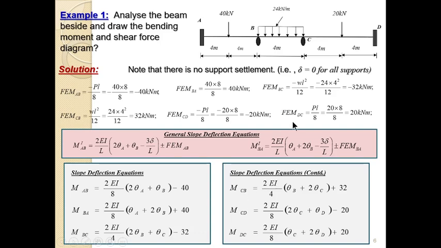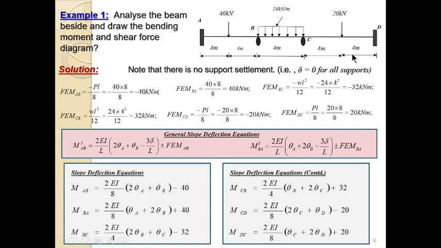We come to CB. C going to B, of course, the same 2EI over L. L is 4. Because it's joint C, theta B is not multiplied by 2. Theta C is multiplied by 2. And so plus the fixed end moment, which is 32. And then we go to MCD.